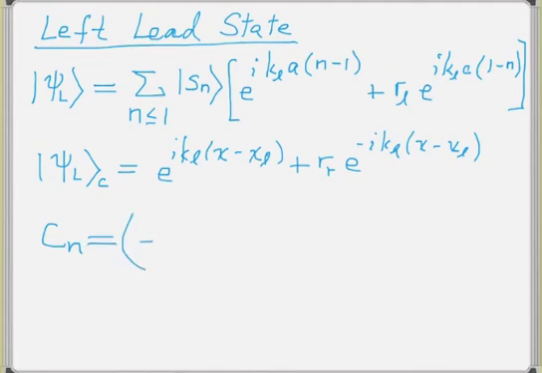So that's just e to the i k L a (n minus 1) plus r sub L e to the i k L a (1 minus n).